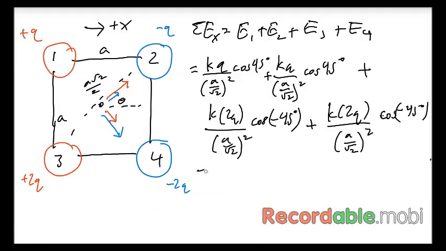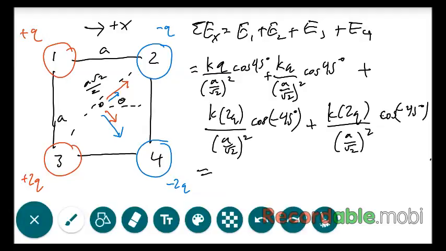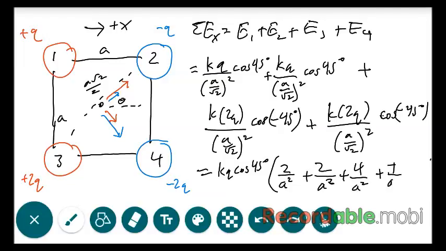Okay, and from here I'm going to factor out a KQ cosine 45 degrees, and cosine negative 45 degrees is the same thing as cosine 45 degrees. I just skipped a step right there, but you can figure out how I got that 2 in the numerator. It came from the fraction in the denominator. You can figure that out with the algebra, even though I skipped small calculations in the middle.